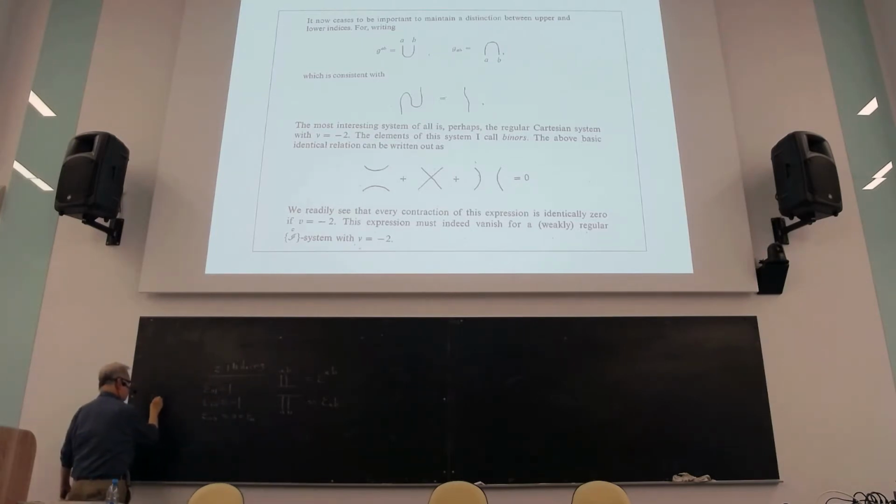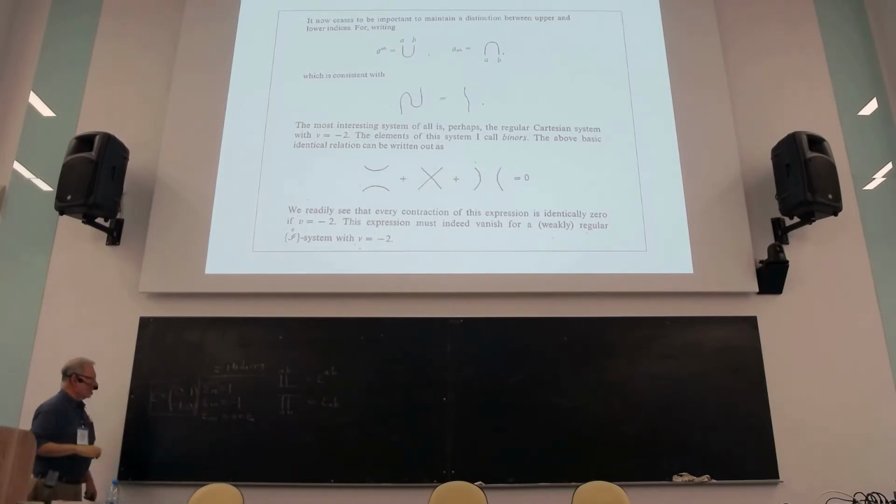And you can think of epsilon as this matrix, if you like. I'll put the minus 1 down there. That's epsilon, the anti-symmetric tensor, a very elementary one.